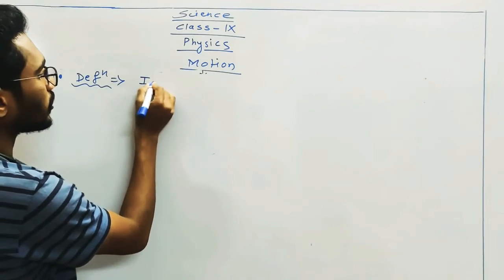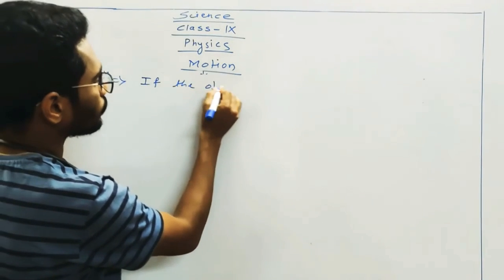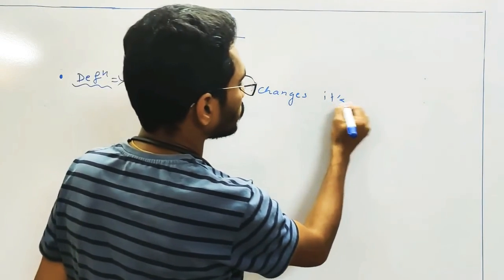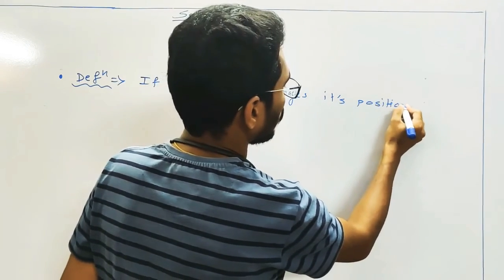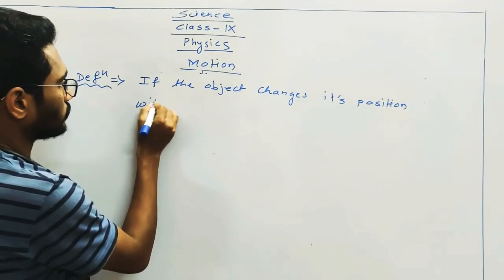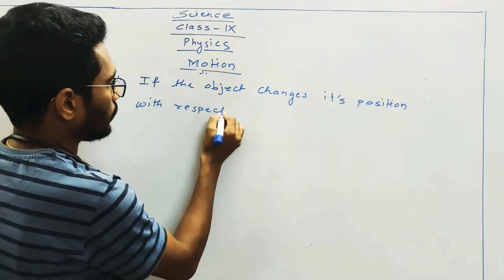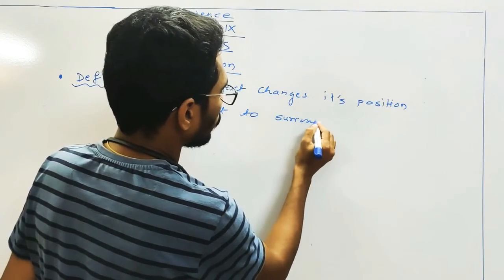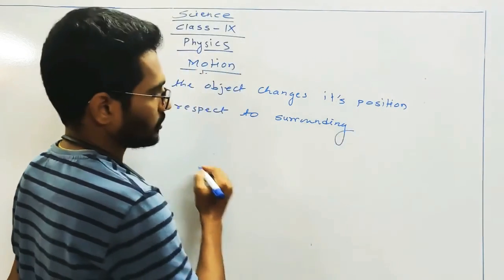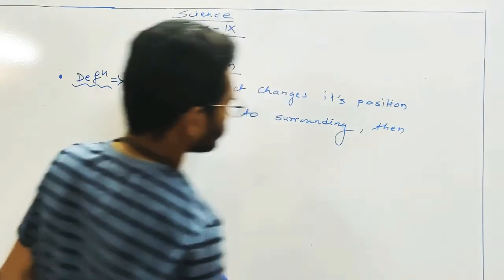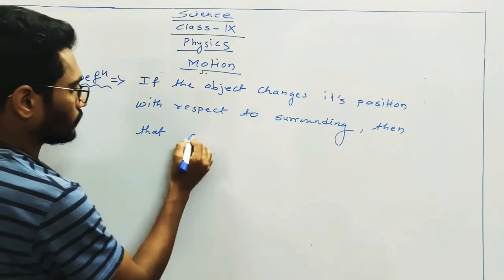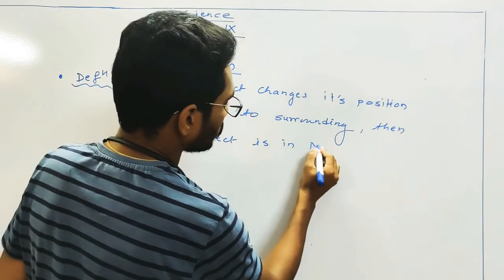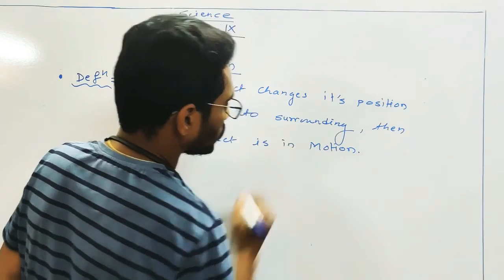So definition: if the object changes its position with respect to surrounding, then that object is in motion.